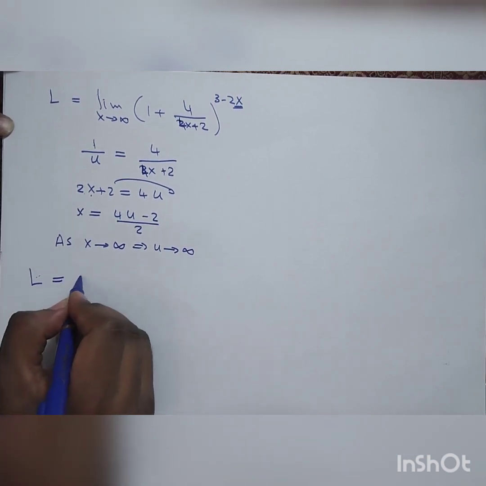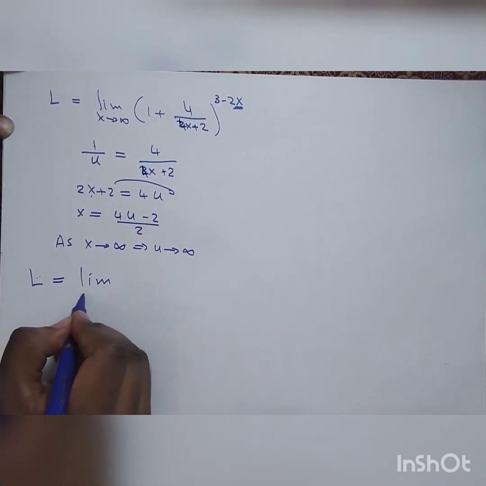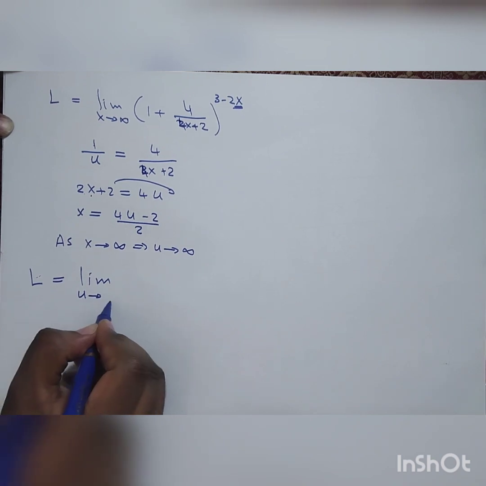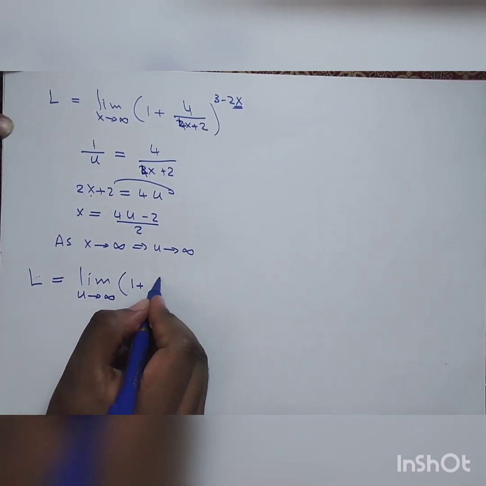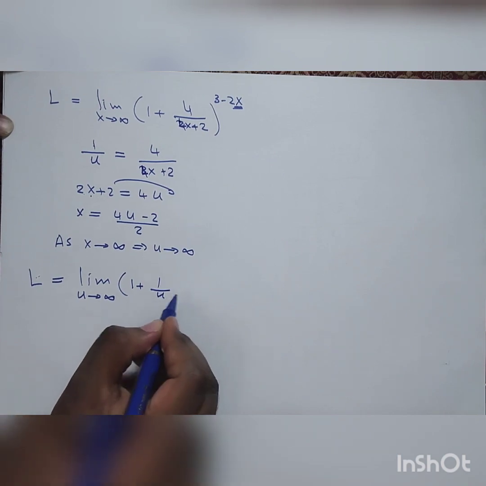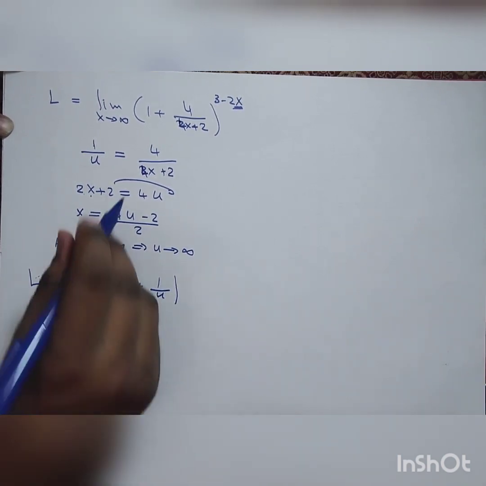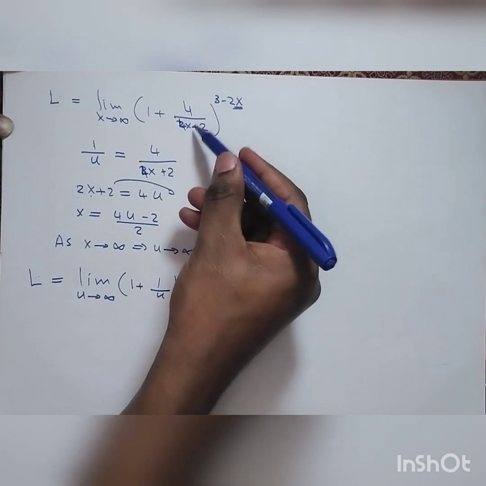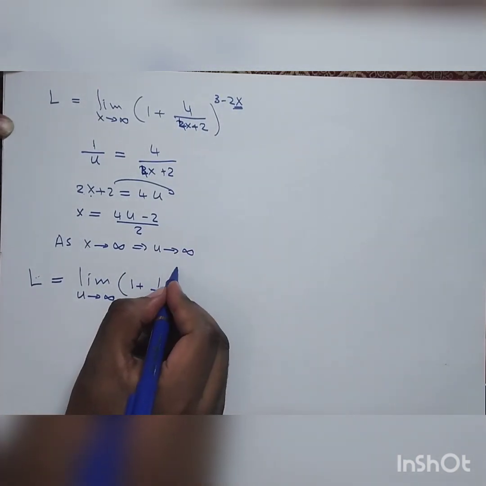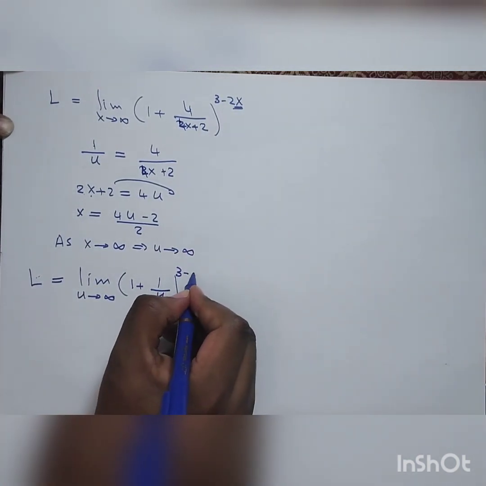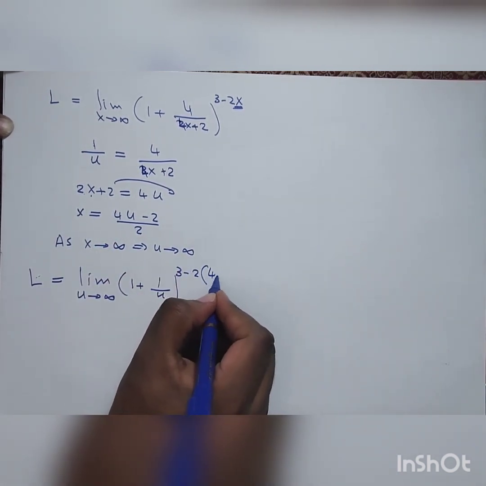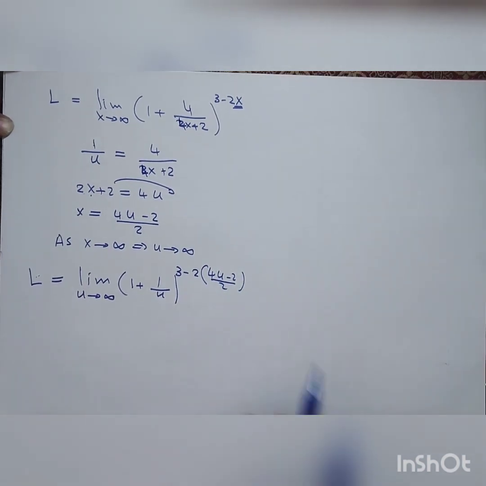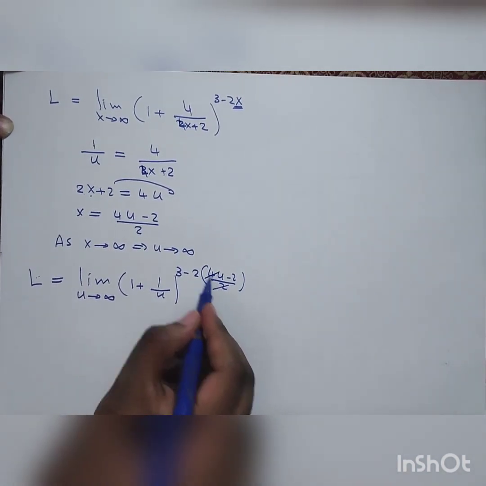The limit becomes the limit as u approaches infinity of 1 plus 1 divided by u, which is what we assumed, to the power 3 minus 2x. Now 2 times x is 4u minus 2 divided by 2, and obviously the 2s would cancel out, right?